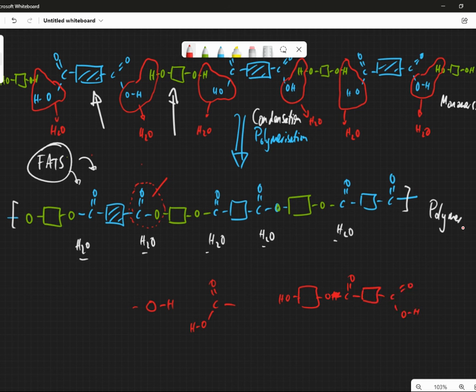Then maybe another carboxylic acid will come along and add to the other side, and basically it would grow from both sides. The OH groups and the carboxylic acid groups are attracted to each other because of hydrogen bonding, which you may have heard of in biology.